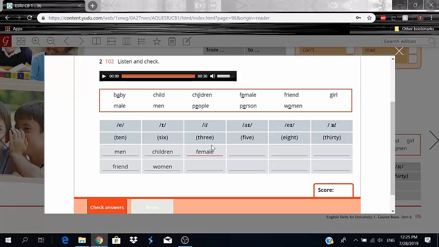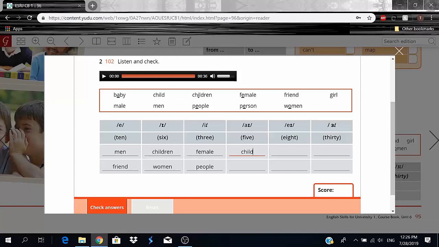Female. You guys see that? So 3 female, okay? So 3 people, okay? So people. So 3 female people. And I think there's only one word that fits here with 5. So 5 can be child, okay?